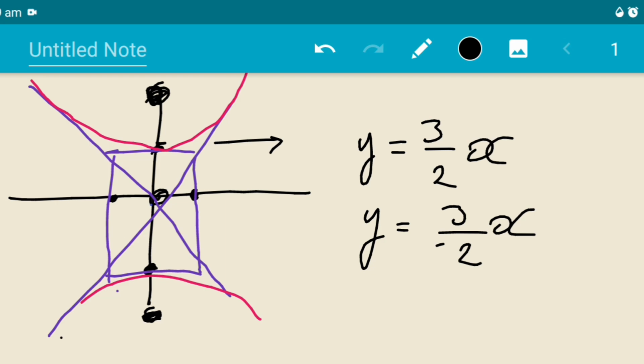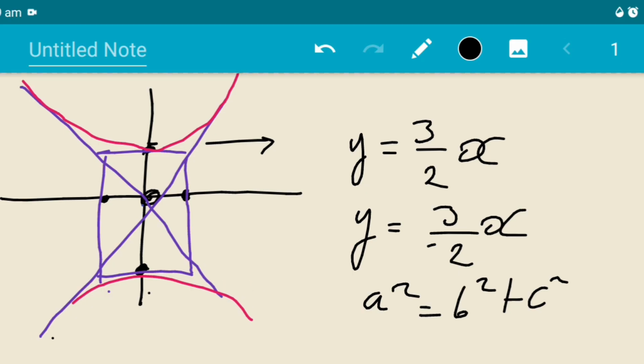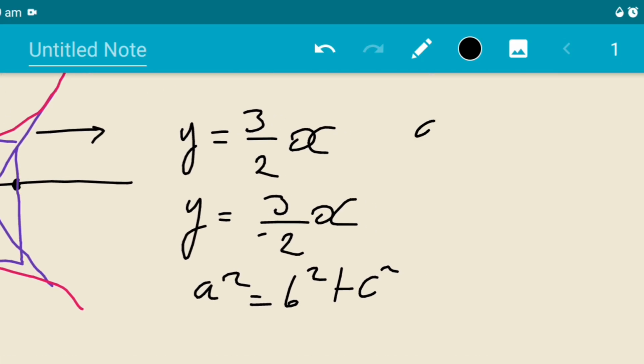It can be there where I've put these circles, or they can be upper or even lower. We don't know where they are. So to find C, you're not using the equation a squared is equal to b squared plus c squared. To find C, you're going to use the equation a squared is equal to c squared minus b squared.